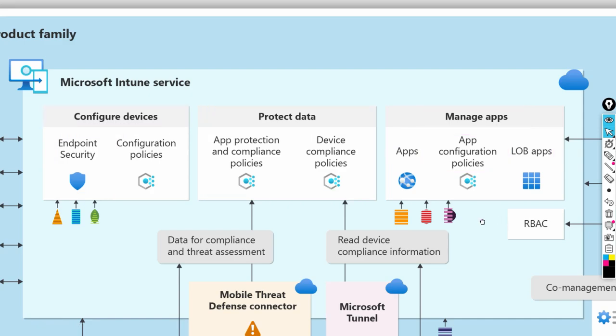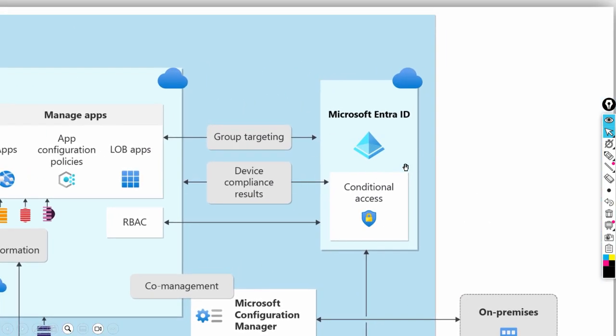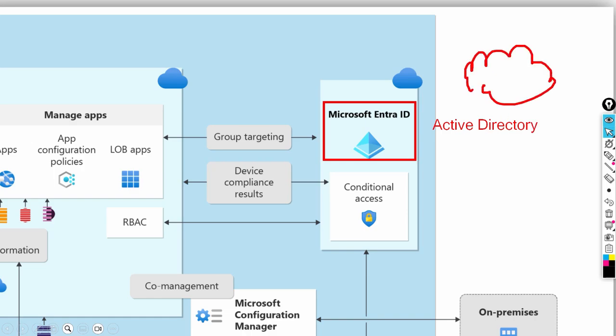Okay, now we have an integration of Microsoft Entra. Okay, so Microsoft Entra is nothing but your Active Directory. Okay, it's your Active Directory, but in the form of cloud. So this is more cloud based.